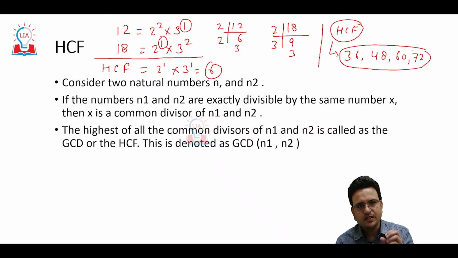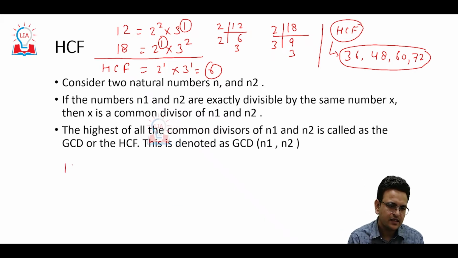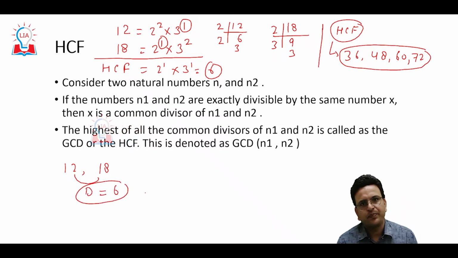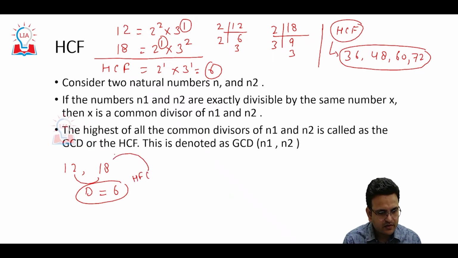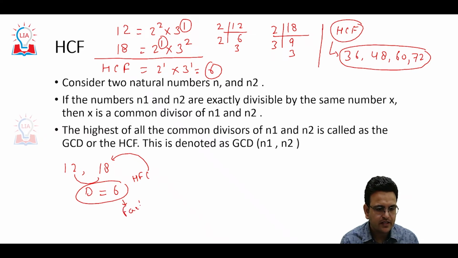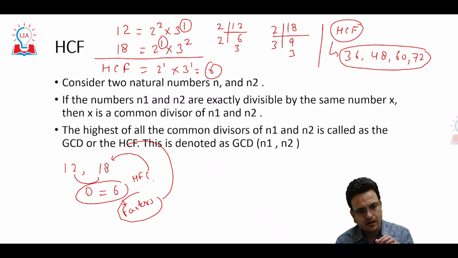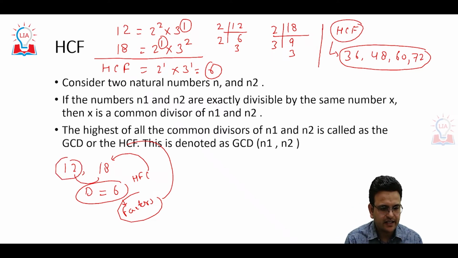Another important thing you have to understand: whenever we are finding the HCF, consider 12 and 18. The difference is 6. 6 can be the HCF of 12 and 18, or a factor of 6 can be the HCF of 12 and 18. I will discuss this later.